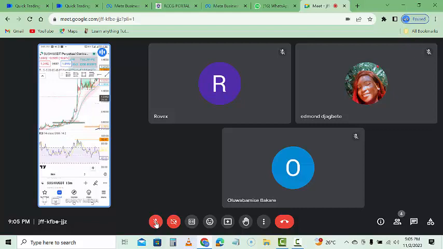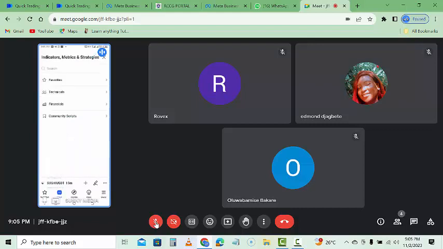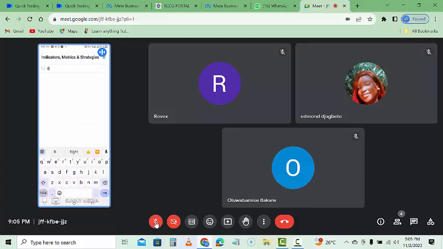So you click on the cross sign, you click on indicators, you go to the search box, you type RSI, relative strength index. That is it up there. This one is showing relative strength index. You just click on it and then you add it to your chart.